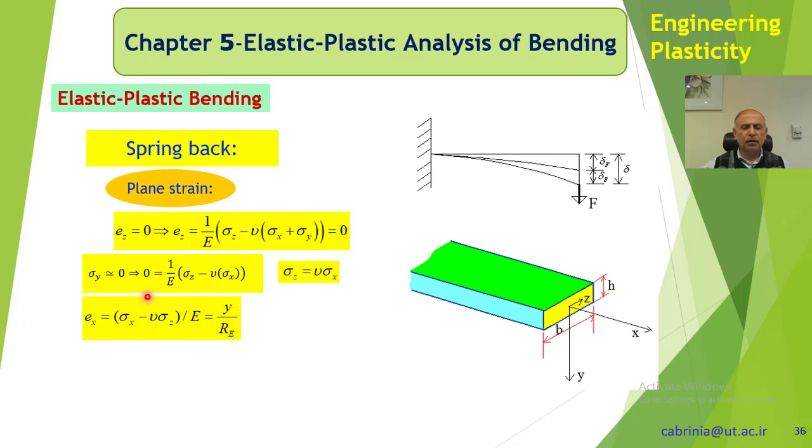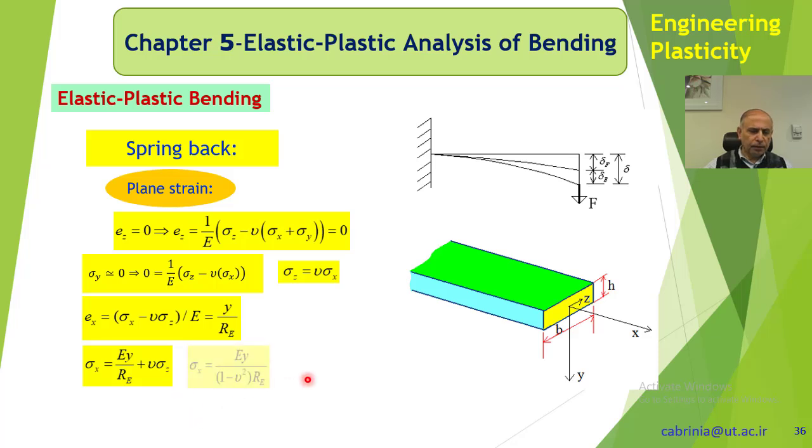Remember that these are the elastic strains that we are considering here. So we could write sigma X is equal to E times Y over RE, because sigma X is equal to E epsilon X, plus mu sigma Z, because when the bending stress is applied, we have sigma X equal to that, okay?